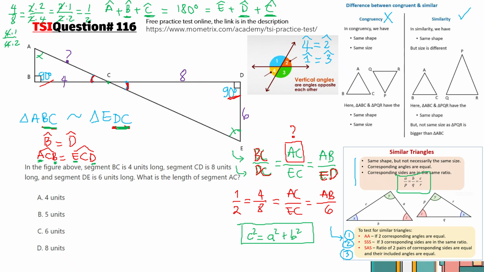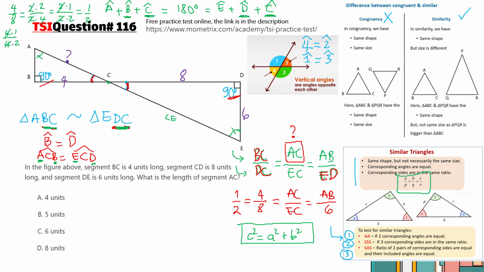Okay, so either you solve for the CE by the Pythagorean theorem, then use the ratio to solve for AC. So we have two ways.